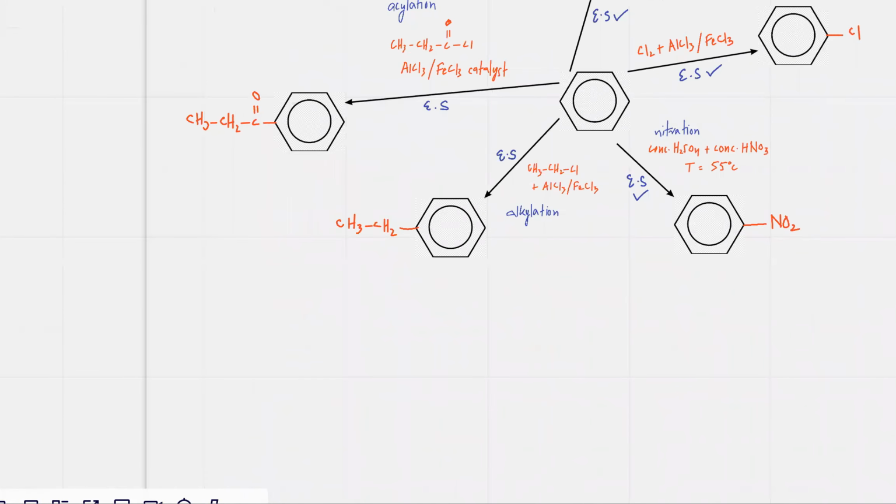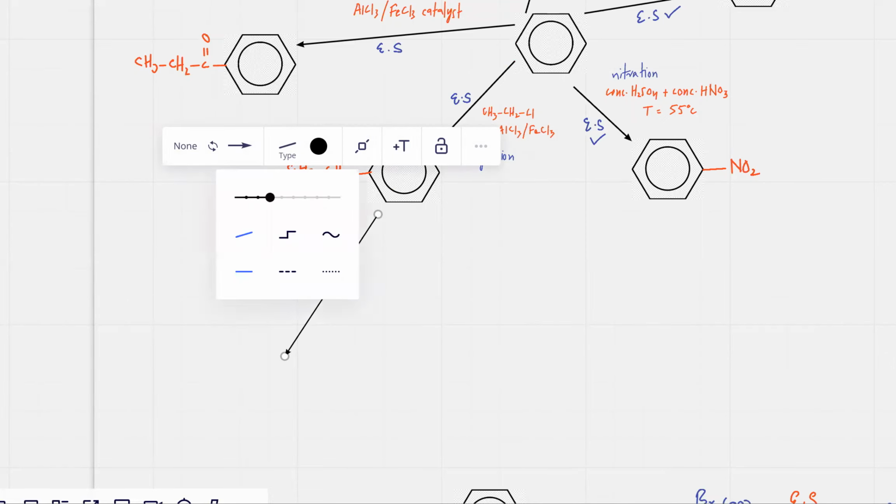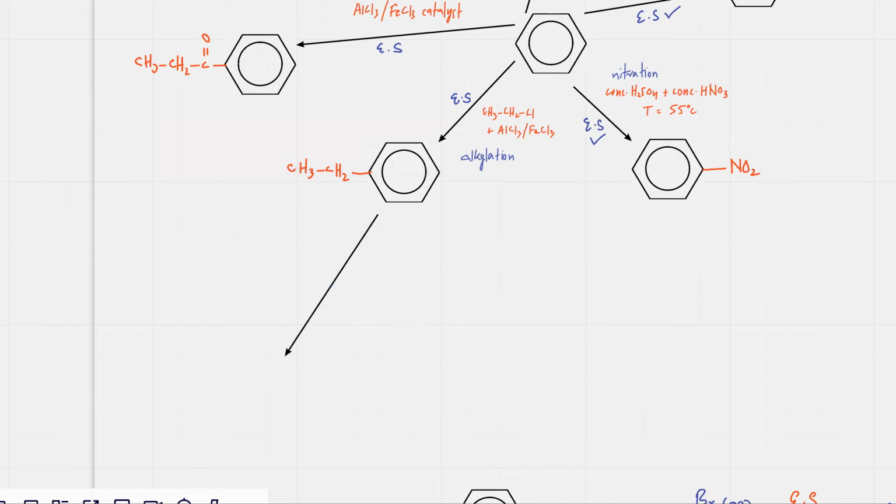So when you've got a carbon chain, you can turn it into a carboxylic acid. That is something that you can do. So let's copy this.